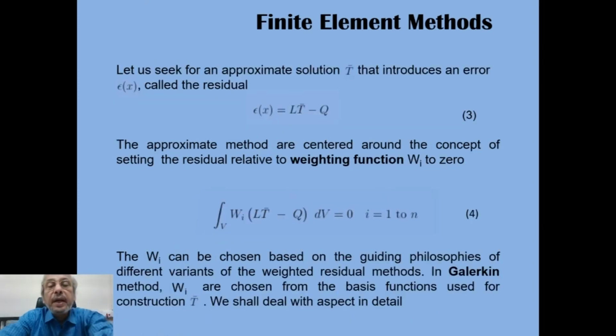So let us seek an approximate solution T bar that introduces an error epsilon(x), and this epsilon is called the residual. So epsilon(x) equal to L T bar minus Q. T bar is a trial solution, not the exact solution as yet. It is an approximate solution.